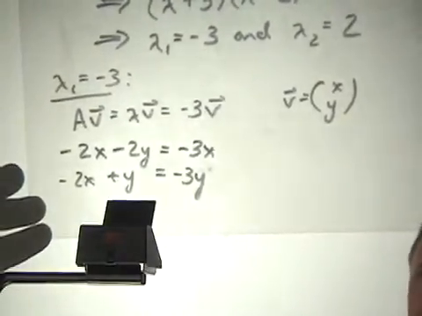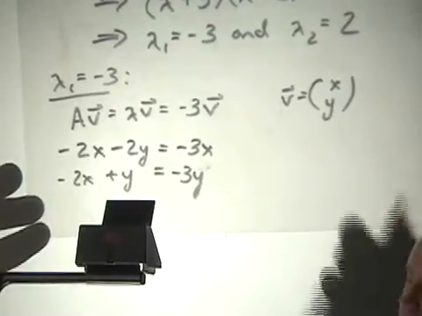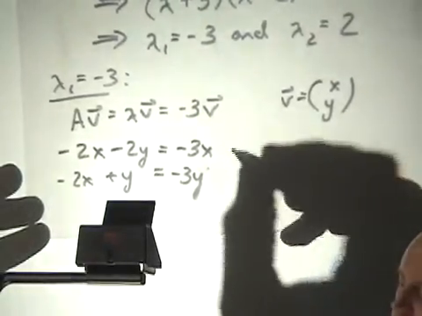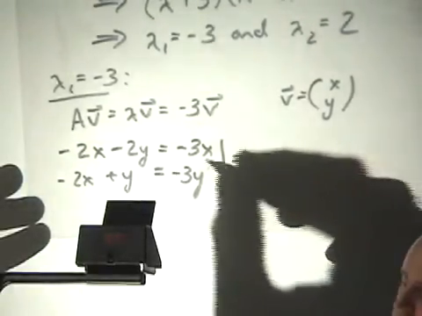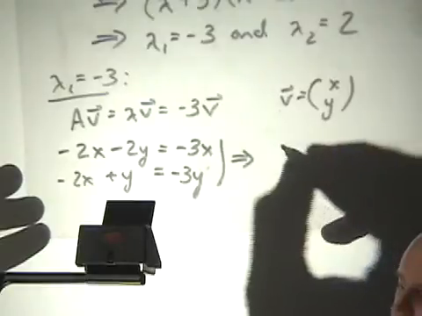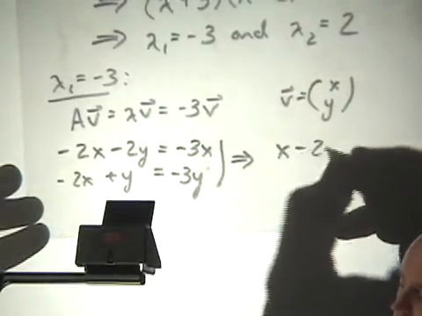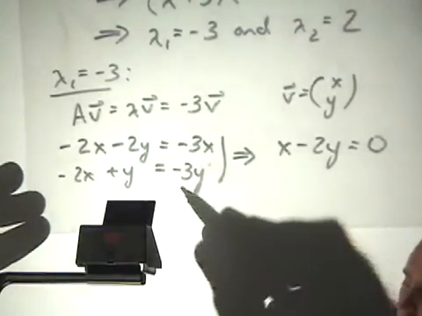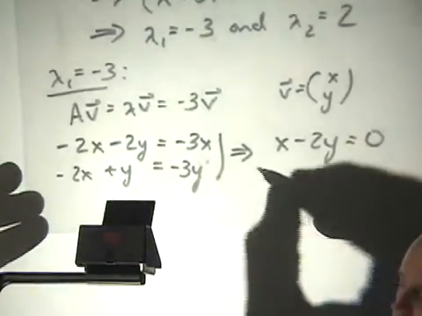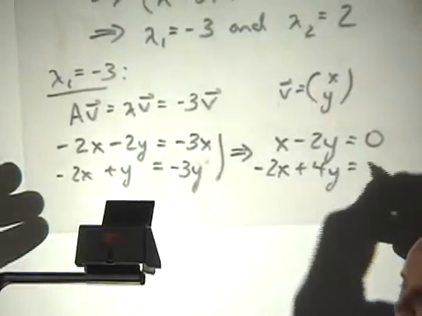If you've done it right, you should get non-trivial solutions. These equations really end up being redundant in the following way. Let's add 3x to both sides of the first equation to get it to look like this, and let's add 3y to both sides of the second equation to get it to look like this.